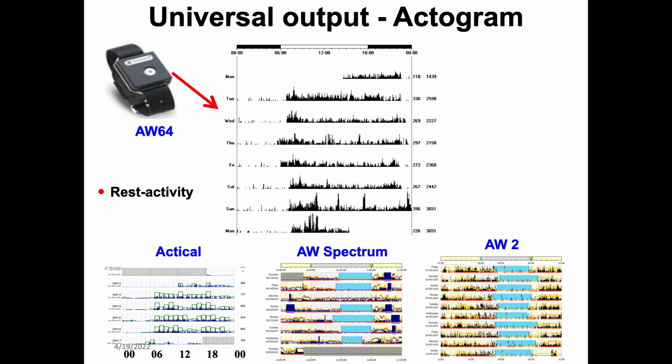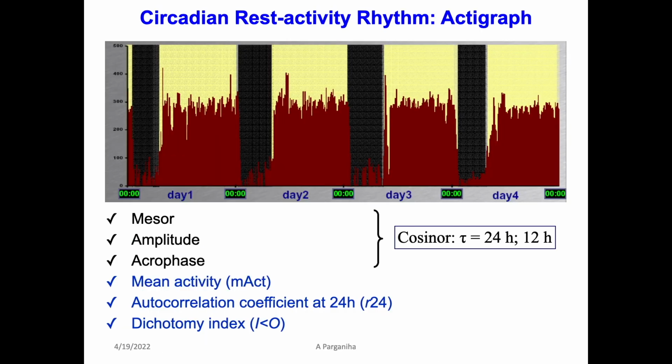And these are again actograms derived from the Actical, Actiwatch Spectrum or Actiwatch AW2. So these are the universal output. Using these actiwatch devices, we can always have our rest activity profile. Simply having this profile gives the pattern of our rest activity. But if there are some disturbances in the rest activity, only visualization of the actogram is not enough.